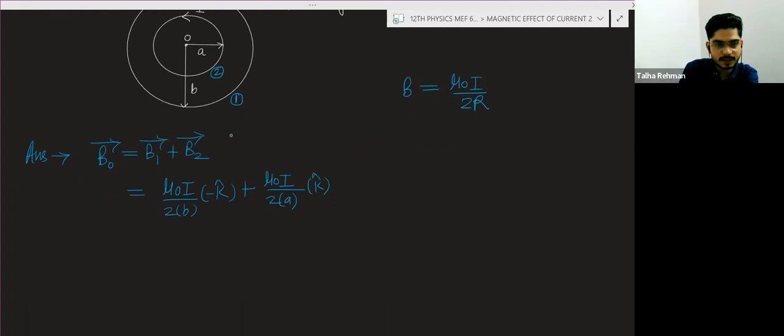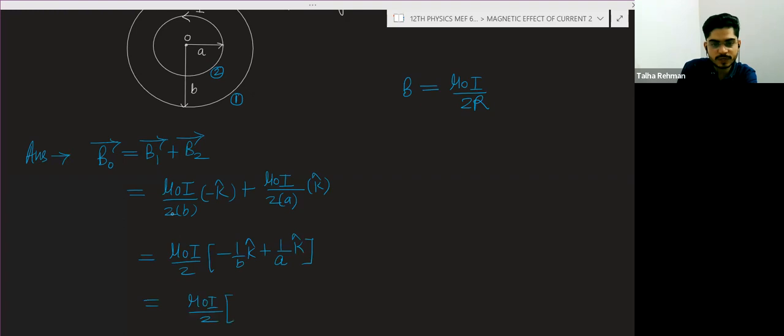So finally, you can take common mu naught I divided by 2. You will have here minus 1 by B of K cap plus 1 by A of K cap. So you can write this mu naught I divided by 2.